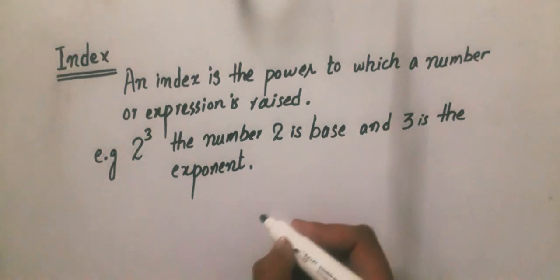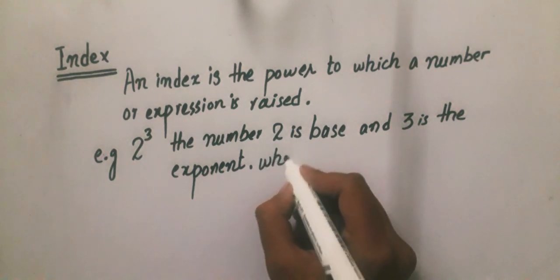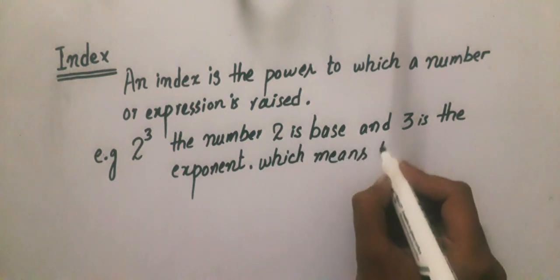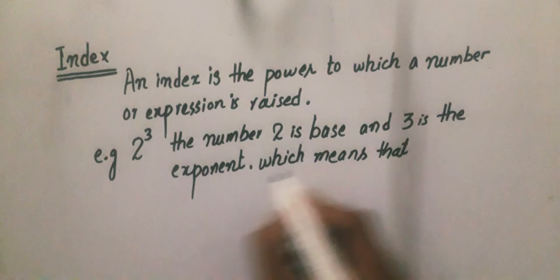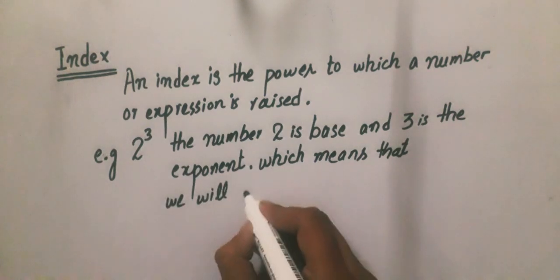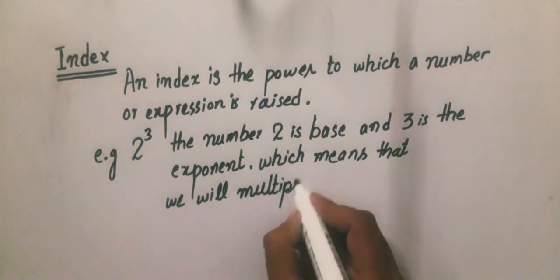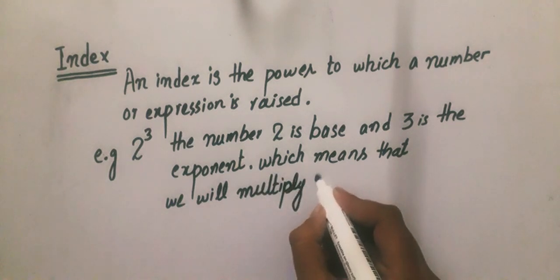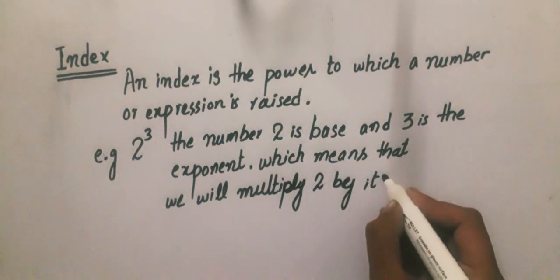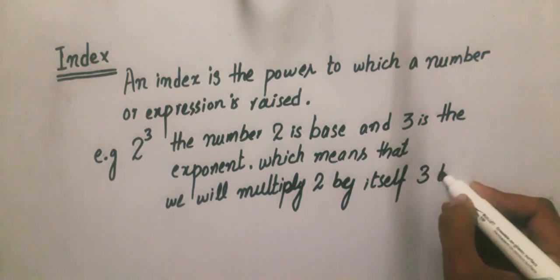So, which means that we will multiply 2 by itself 3 times.